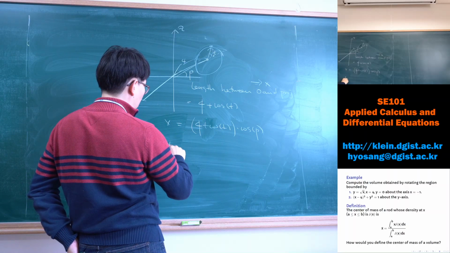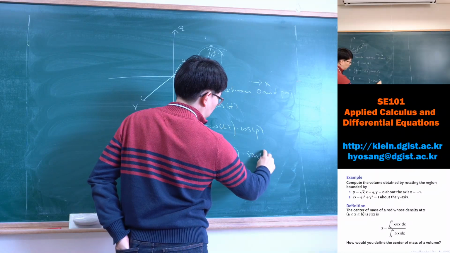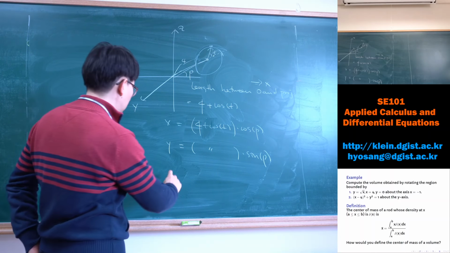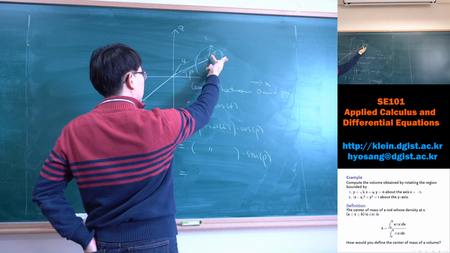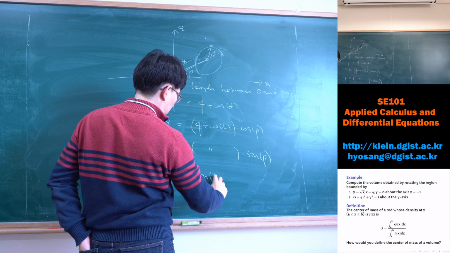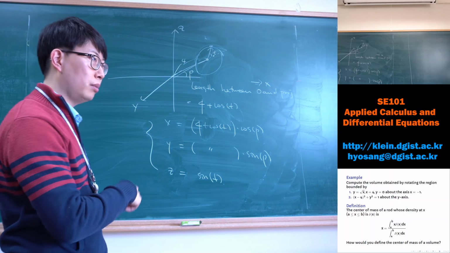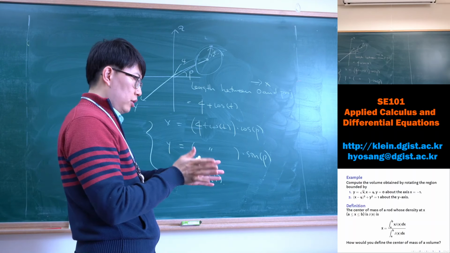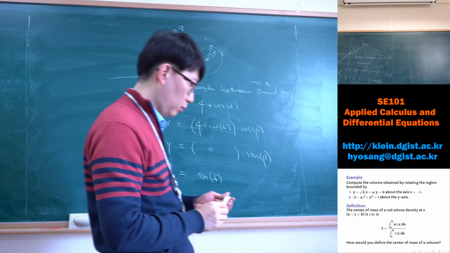And y is obtained by taking the product with sine p. How about z? z is simply the height. When we have an angle t, you have a height of sine t. So that's how you get the three coordinates in terms of t and p. For each value of t and p, you determine a unique point on the donut.